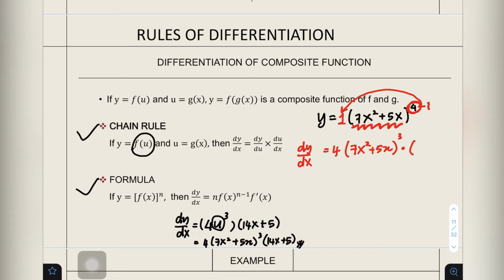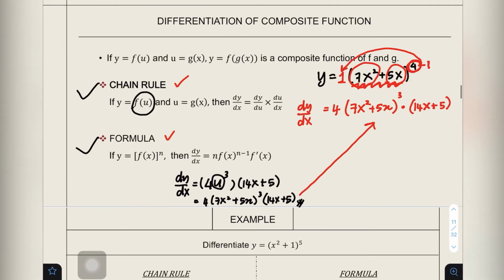So you differentiate 7x squared, you will get 14x, plus you differentiate 5x, you will get 5. So this one is the answer. You can see the answer is equal. Either you use the formula or you use the chain rule to differentiate the composite function.